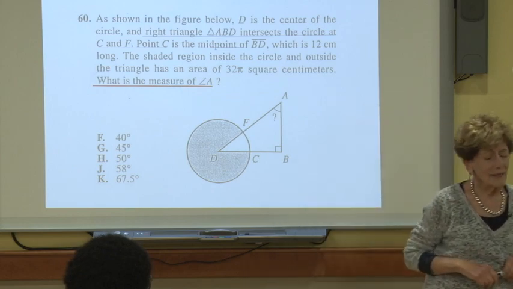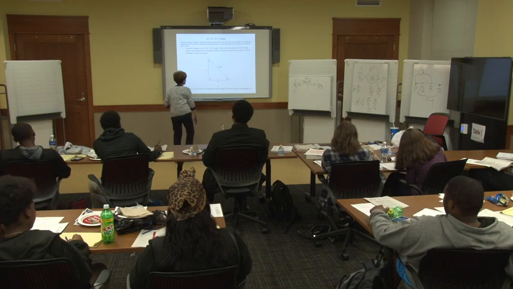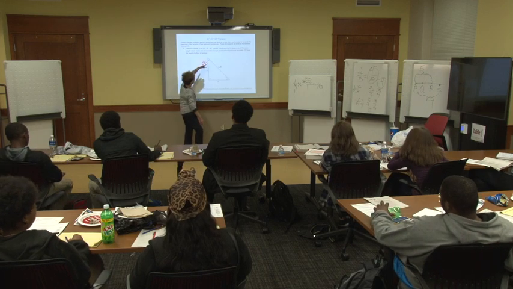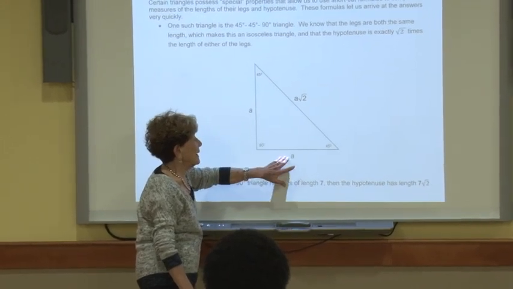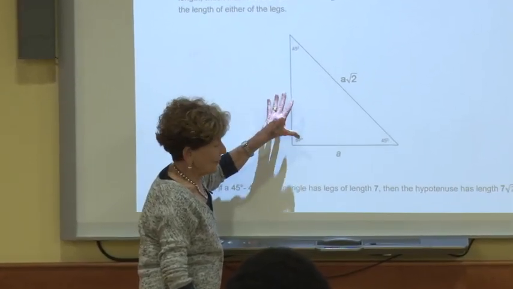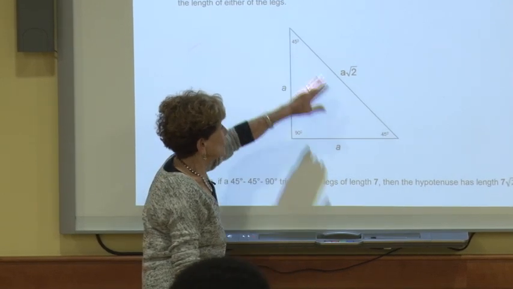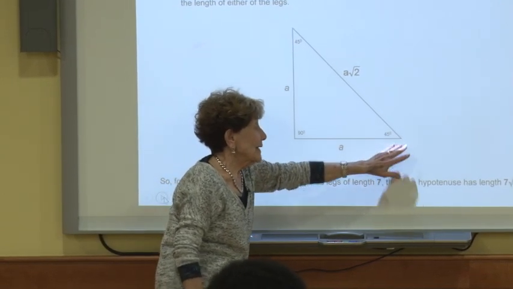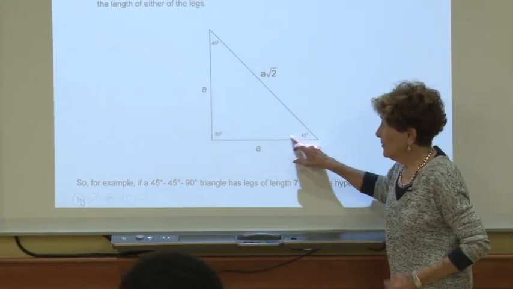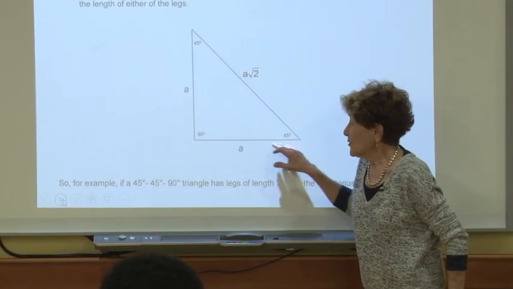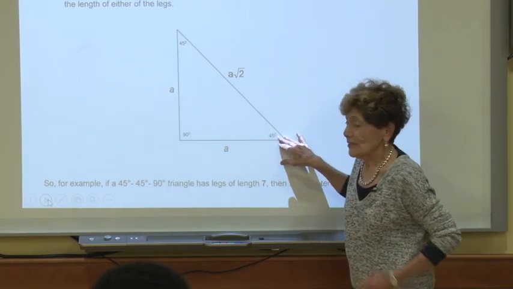Those were all basic. A picture is worth 1,000 words. Here's a 45, 45, 90 right triangle. I've got my 90 here, my 45s here. In English, you're standing here, and it's poking you in the tummy, and you look across. So that's why this leg is opposite the 45.